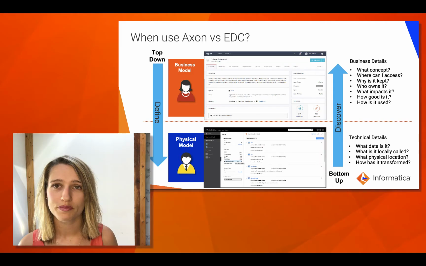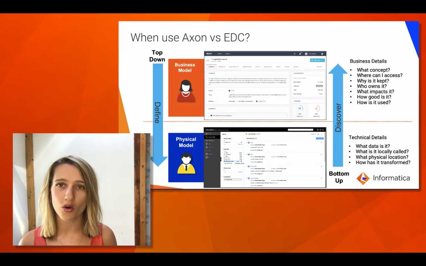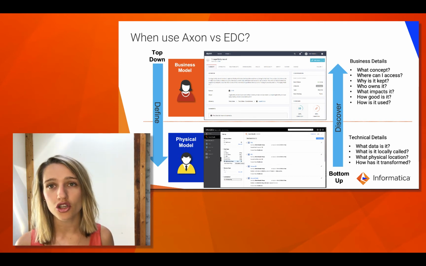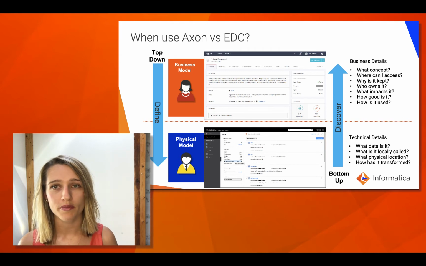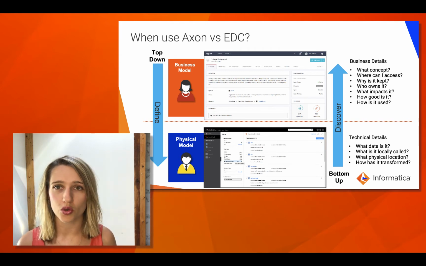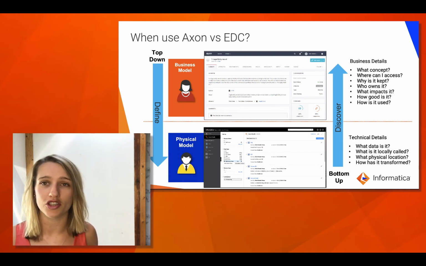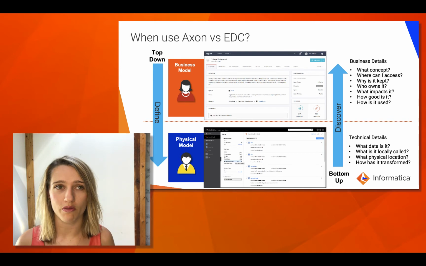So you can see that depending on which project you are beginning with or where your priorities lie, you could begin from either side. If, for instance, you were approaching a project such as GDPR or any kind of privacy regulation, and the first thing you needed to know is where is that private data?